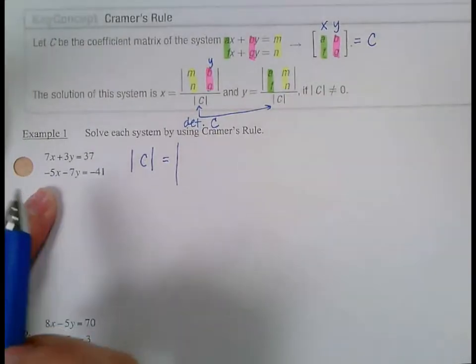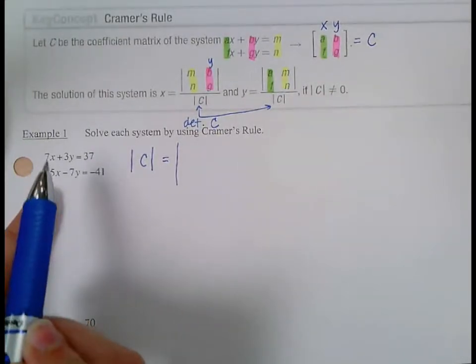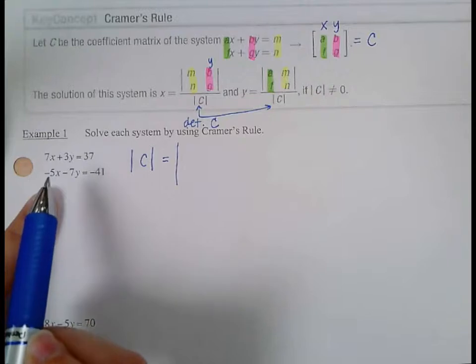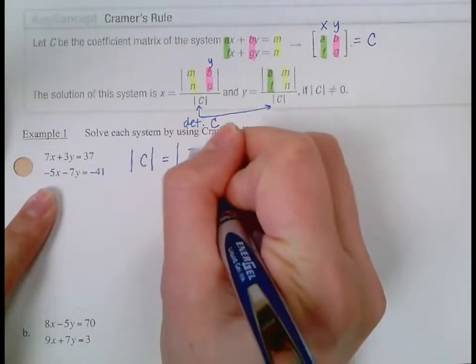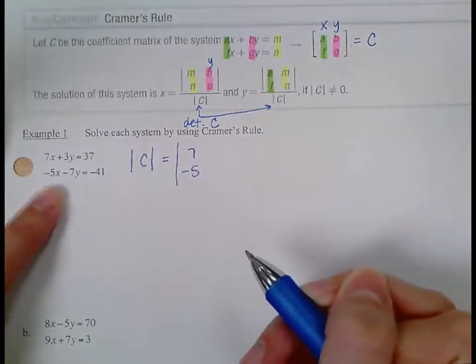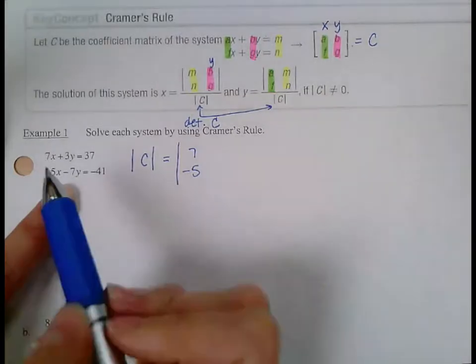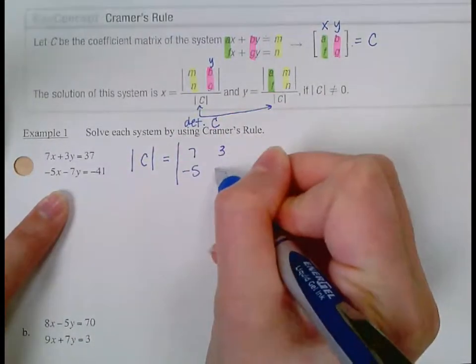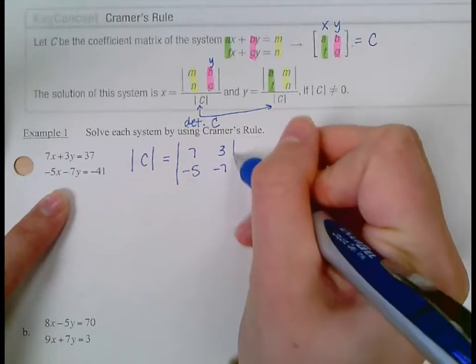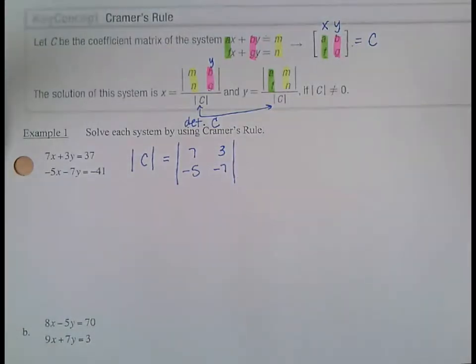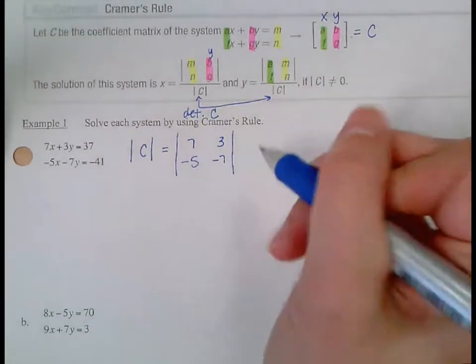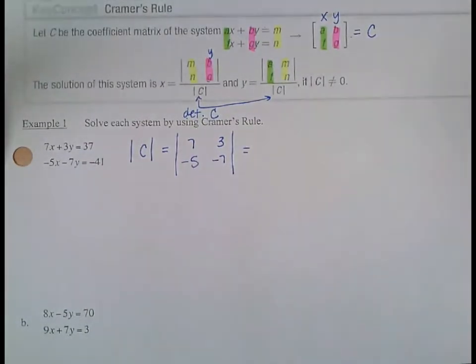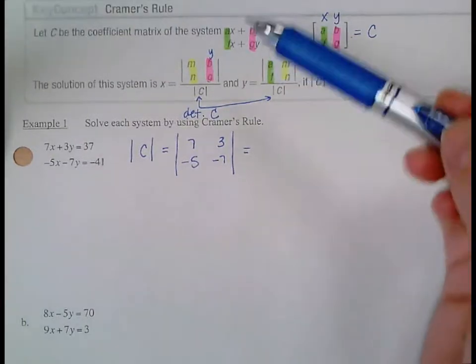And matrix C, to set that up, the first column will be your coefficients of x, so 7 and negative 5. And then your second column is the coefficients of y, so 3 and negative 7. And that's your 2 by 2 coefficient matrix for this system. And then to find the determinant, so now this is reviewing from yesterday, or if you weren't here, you can see how to do this.